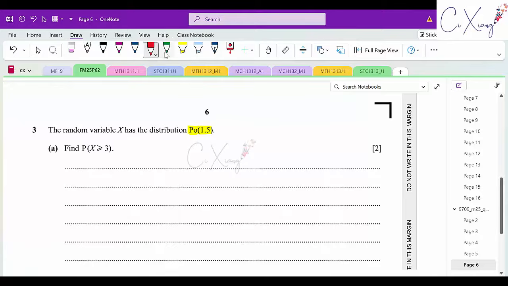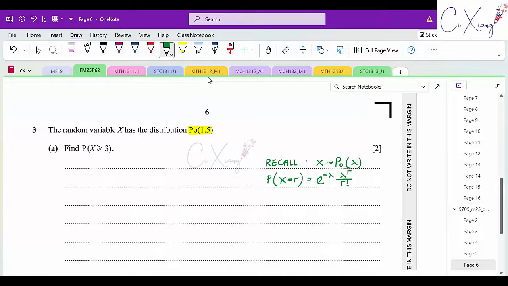Just to recall, when you have any Poisson distribution for X with a lambda, the probability that X equals r is e to the power negative lambda, lambda to the power r, divided by r factorial. So this is generally what we should have here.